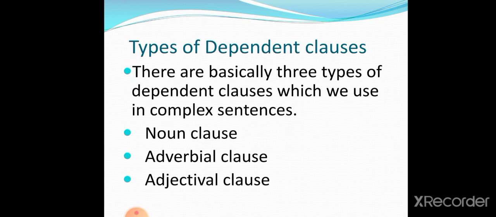There are basically three types of dependent clauses which we use in complex sentences. It is very important to know what the dependent clauses are which join with the independent clause to give you complex sentences. So basically there are three types of dependent clauses: noun clause, adverbial clause and adjectival clause. Now let us discuss what is actually a noun clause.